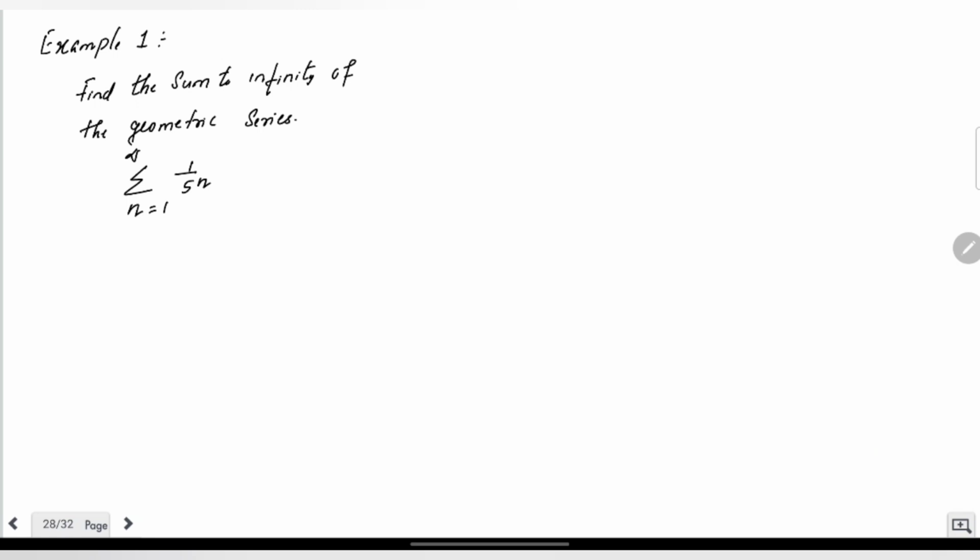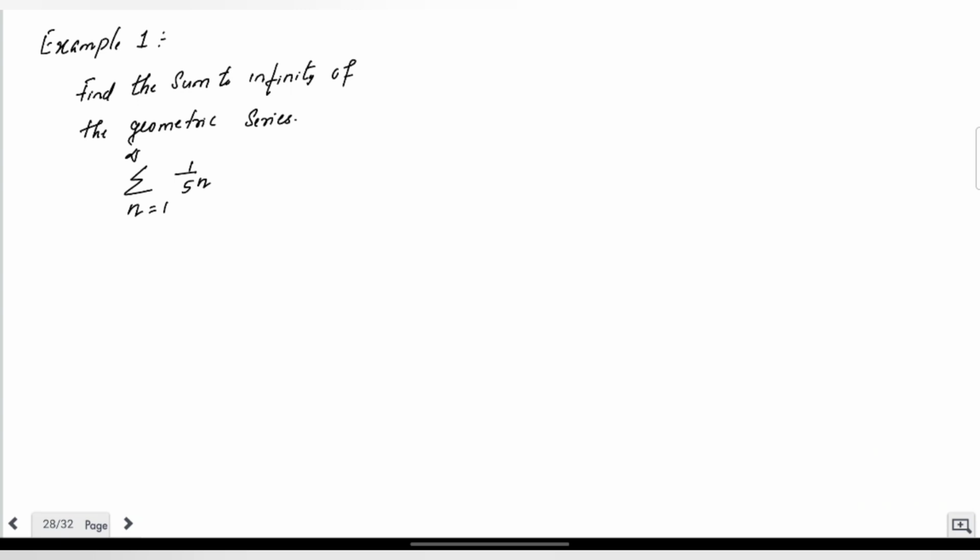Example number 1, find the sum to infinity of the geometric series, sigma n equals 1 to infinity of 1 over 5 to the power n. Let's try. You need to know what is a and what is r. We already said it is a geometric series, so let me expand the first 3 terms.